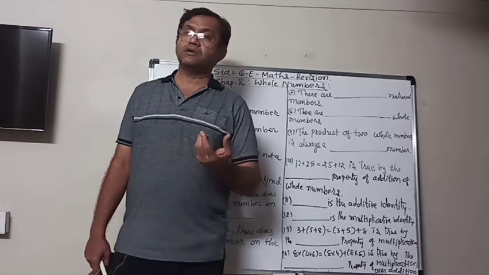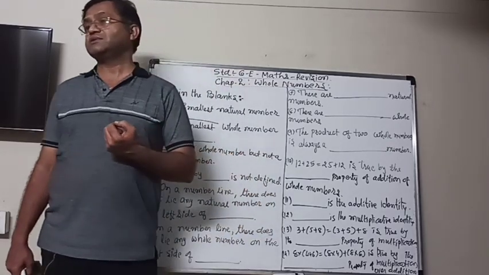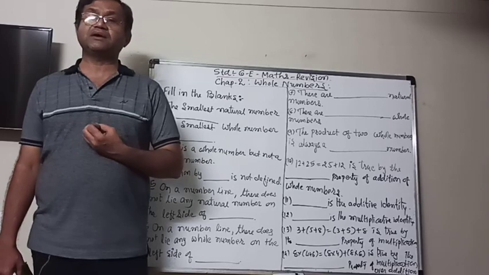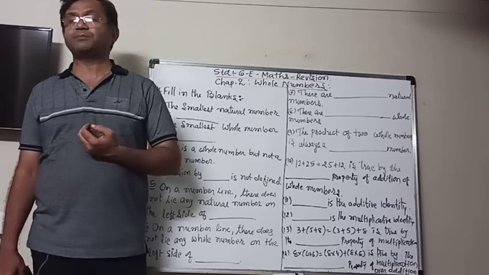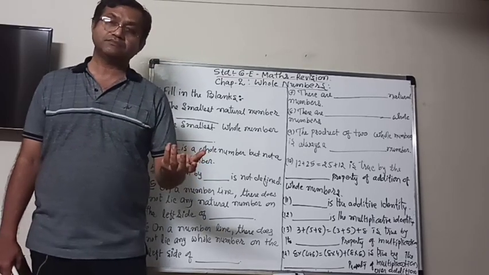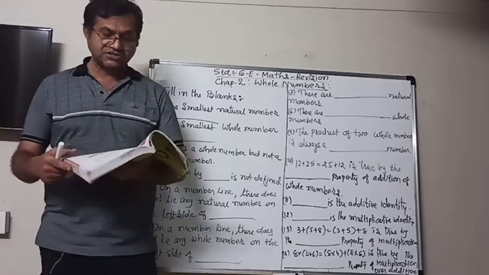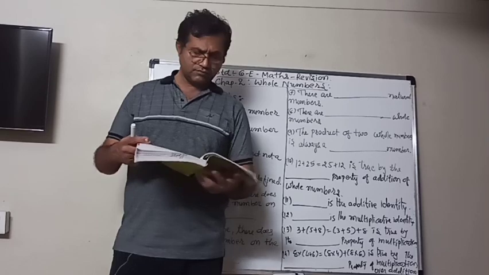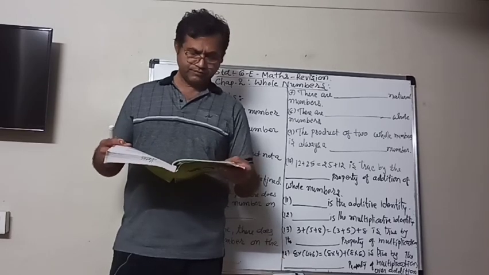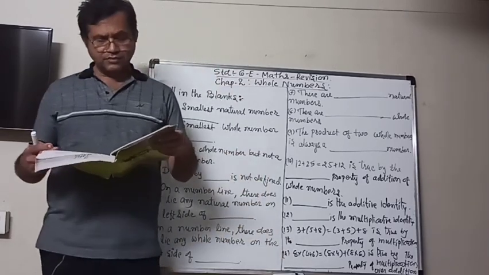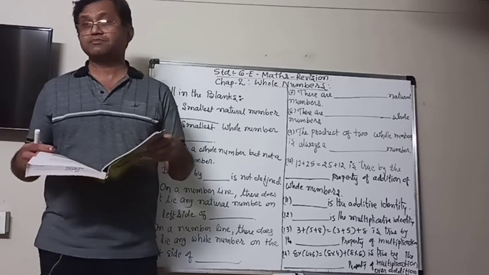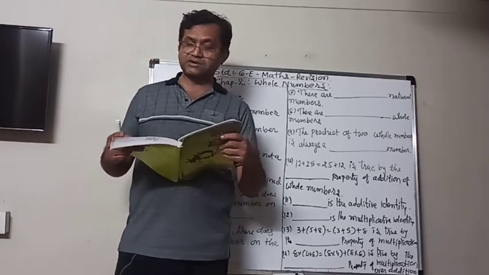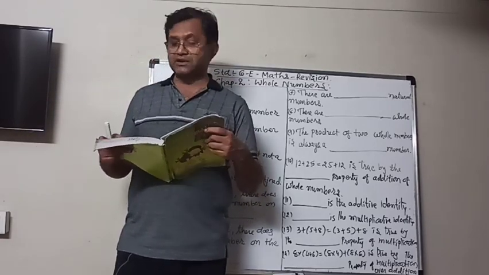Now, we see that all the numbers have a predecessor and a successor, but the number 1 has a successor, but it does not have a predecessor.